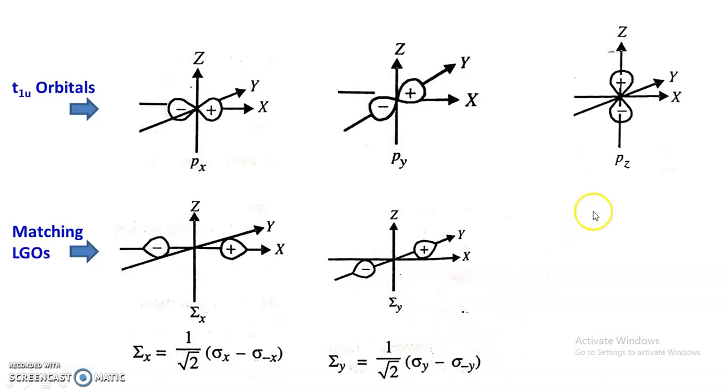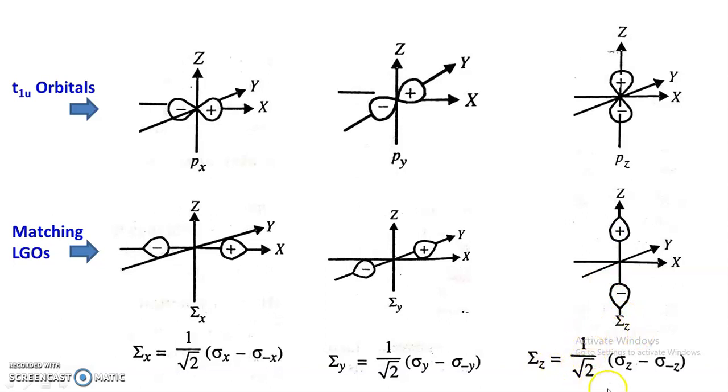And the next T1U orbital is pz. Here positive negative lobes are oriented along the z-axis, and this is the matching ligand group orbital, that is summation z. So summation z is equal to 1 by root 2. Here positive lobe oriented along the positive side of z-axis, therefore sigma z.